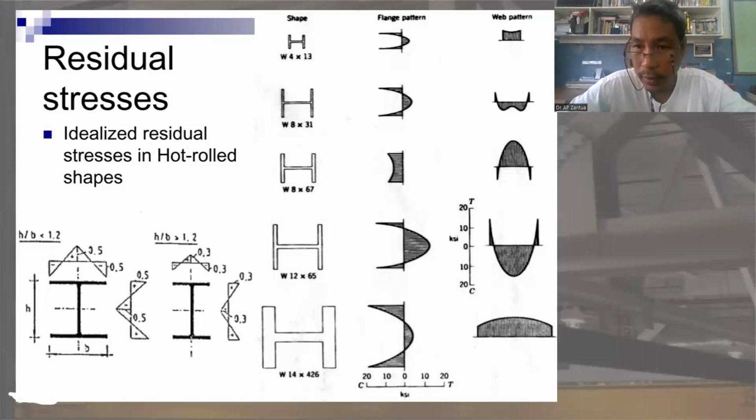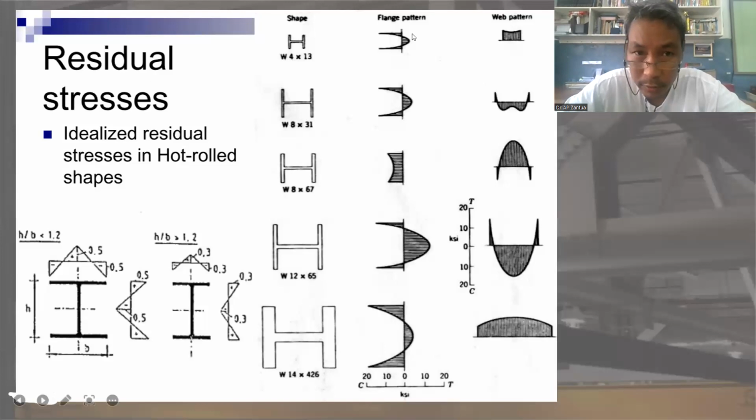And compression, we usually call it negative. I don't know, we will check later on how they call it here. But the important principle is that compression has an opposite direction to tension.